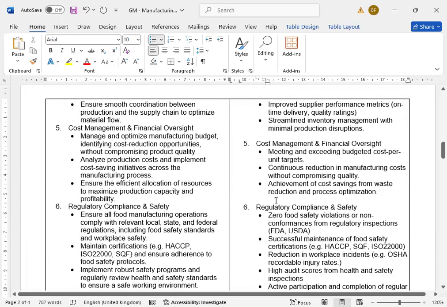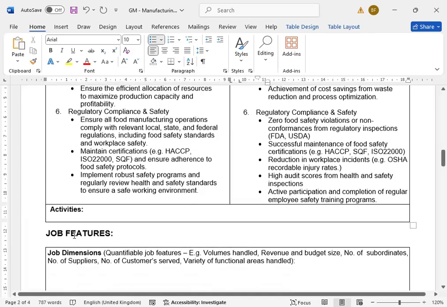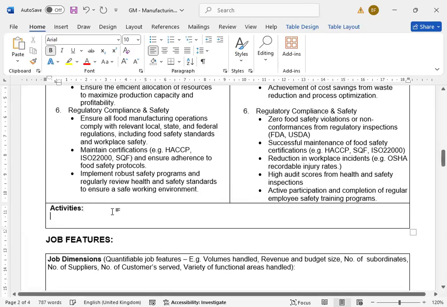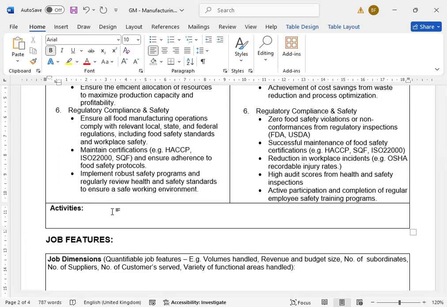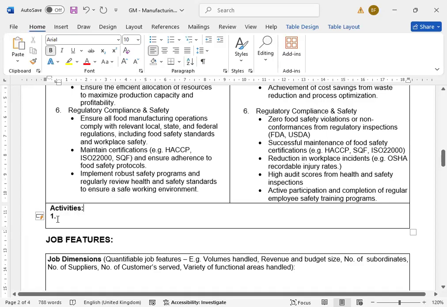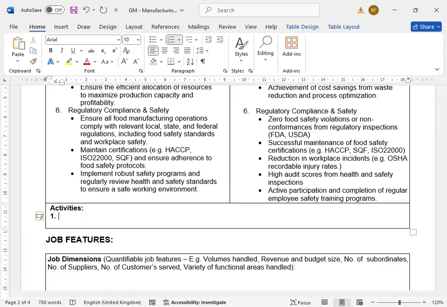You just review what we did, and then you will understand more. Now, what is the manager doing? Of course, he will also have some activities on his own individually. All right. So what are the things that he's doing? What are the activities of the general manager?